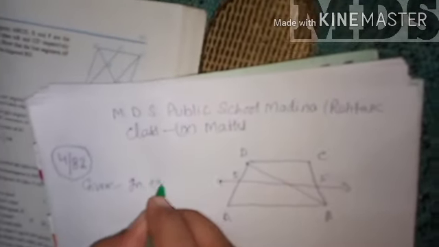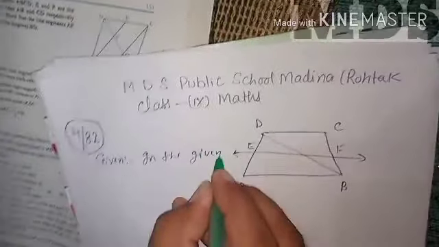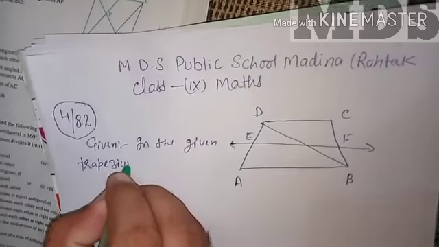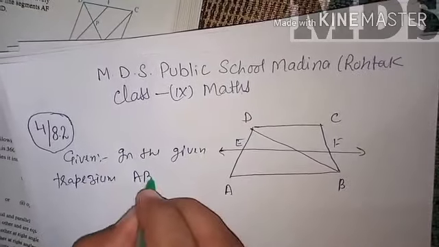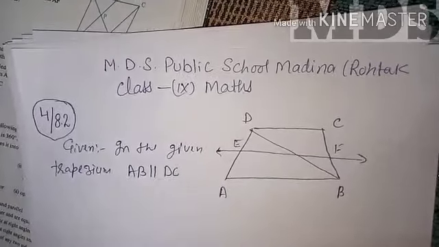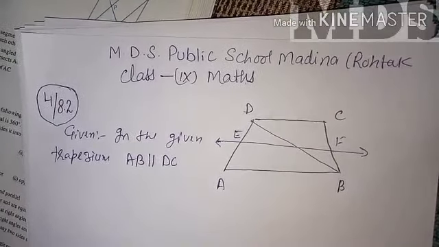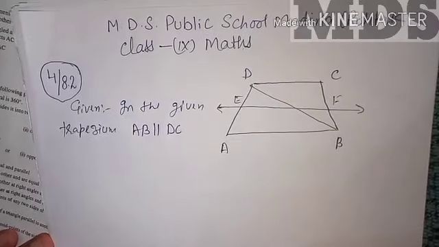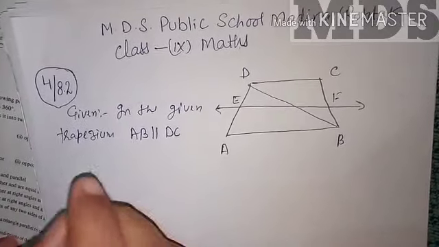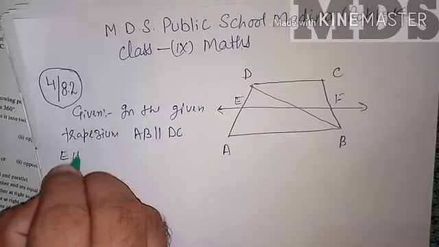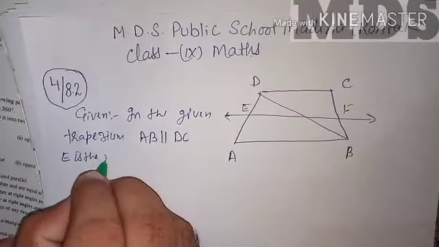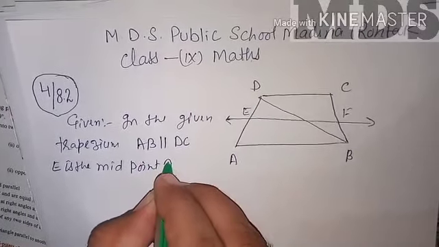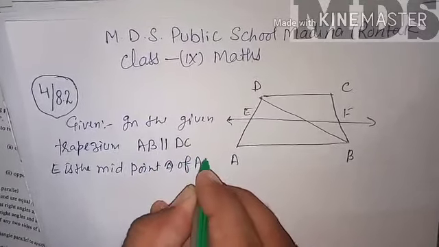In the given trapezium, AB is parallel to DC and BD is diagonal, and E is the midpoint of AD.